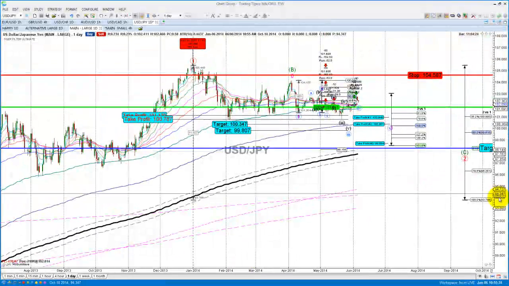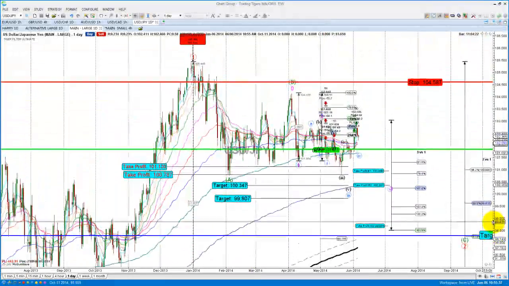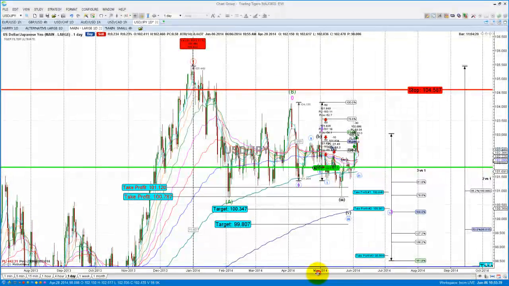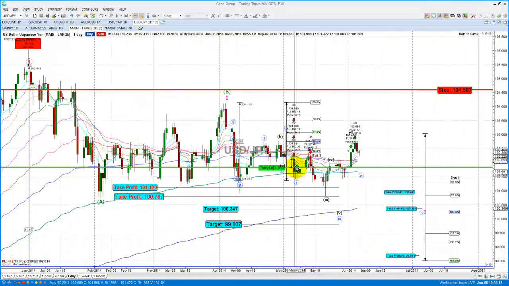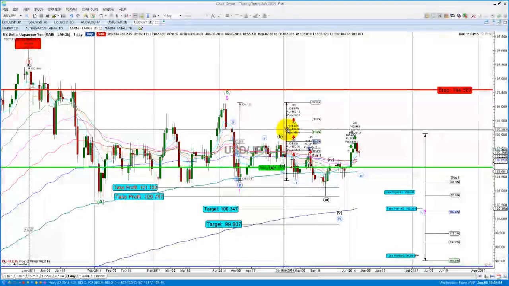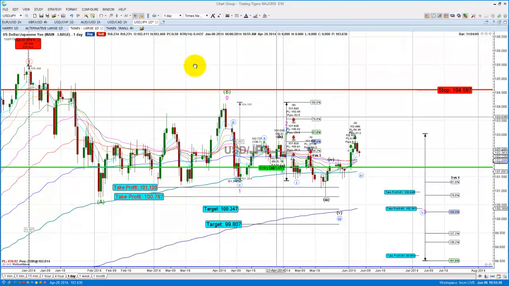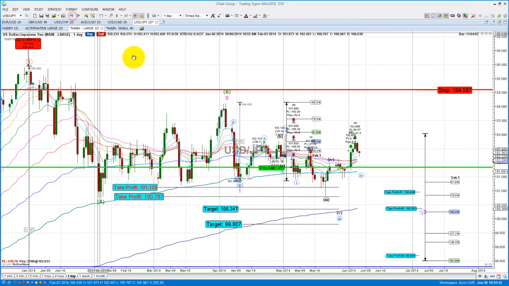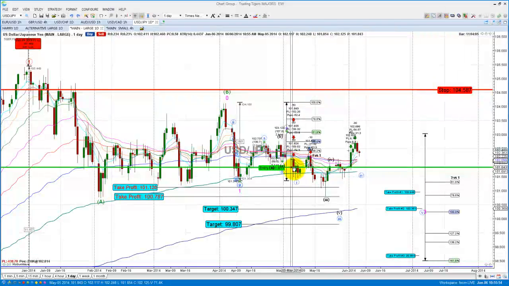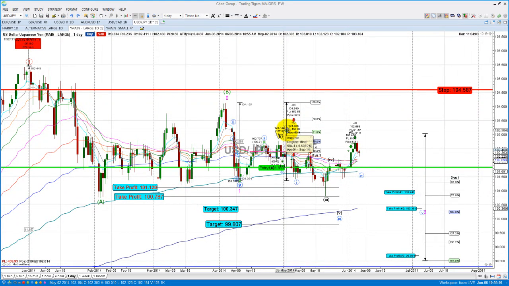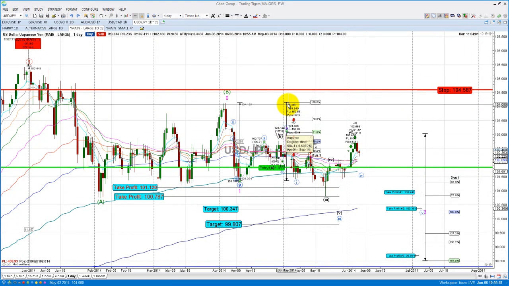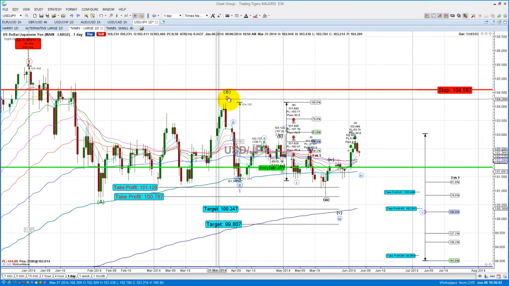That minor wave is here. So price would need to go all the way back up there to invalidate that wave count for the minor wave.